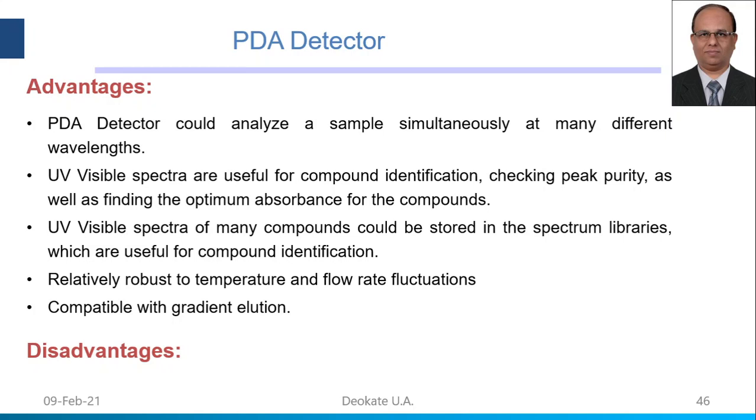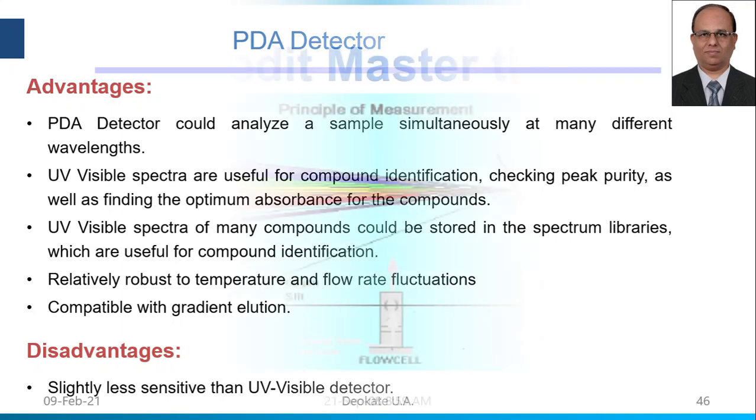PDA is nothing but the advanced form of the UV visible detector. It is relatively robust to temperature and flow rate fluctuation, and it is also compatible with gradient elution. But it has certain disadvantages, like being slightly less sensitive than your simple UV visible detector.